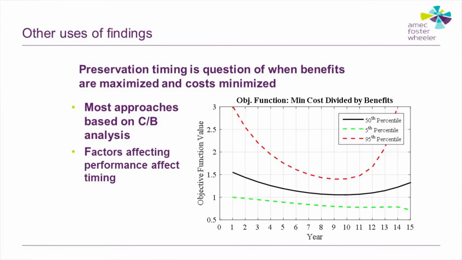If you look at the literature, I believe most of the recommended procedures are based on a cost-benefit ratio, where the benefit side of the equation is performance-driven, whether you look at it in terms of service life or the area under the curve, however you define performance. So it is really, really important.